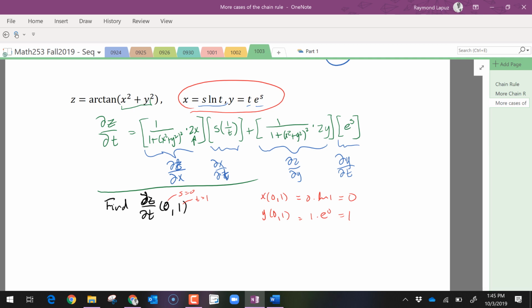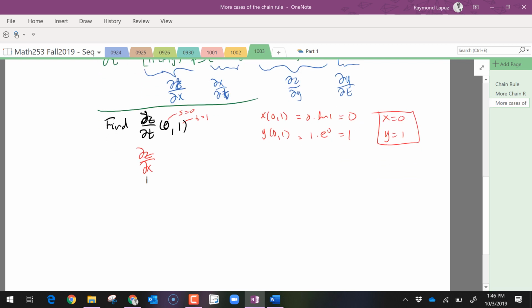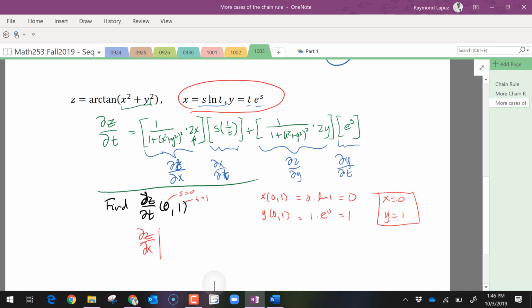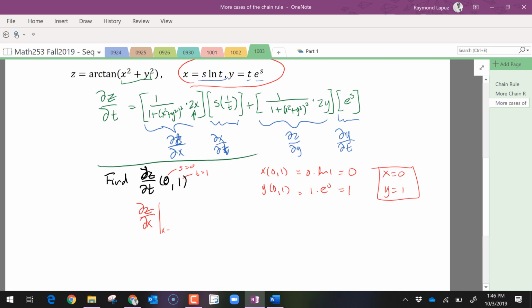So we would put that into your derivative. So we can say that dz dx evaluated when x is equal to 0 and y is equal to 1.